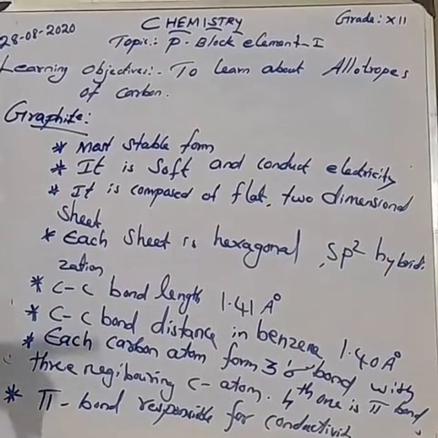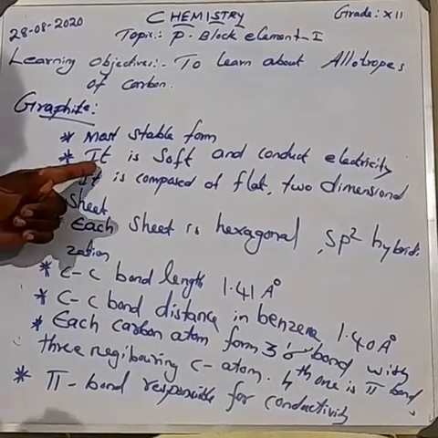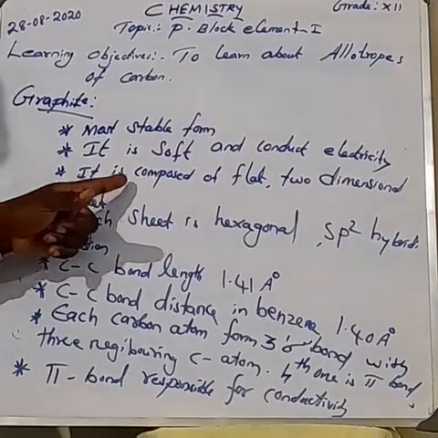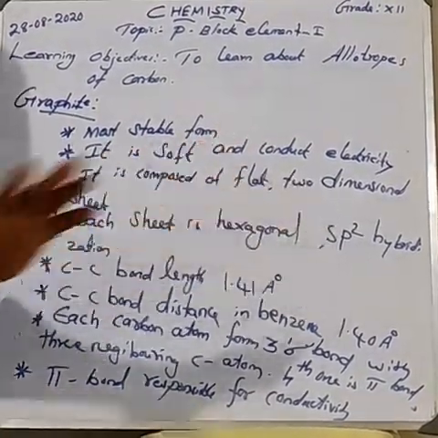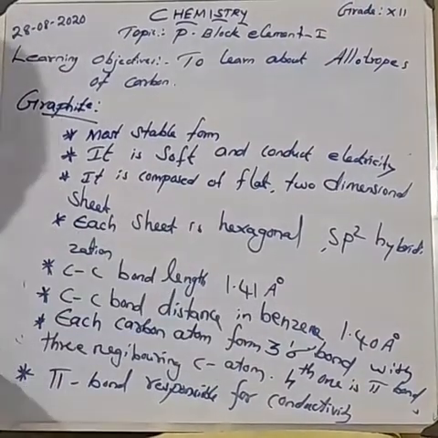To summarize: it is one of the most stable forms. It is soft and conducts electricity. It is composed of flat two-dimensional sheets, each hexagonal and sp2 hybridized.